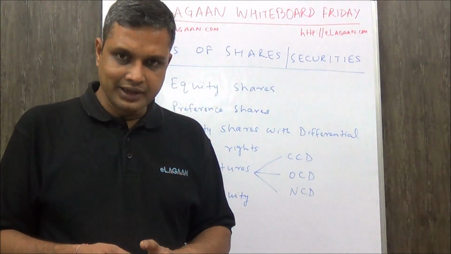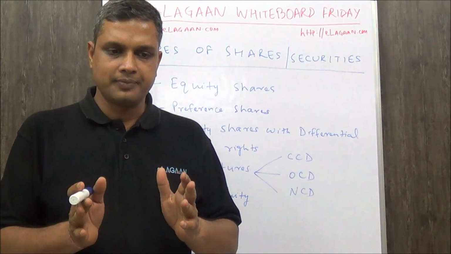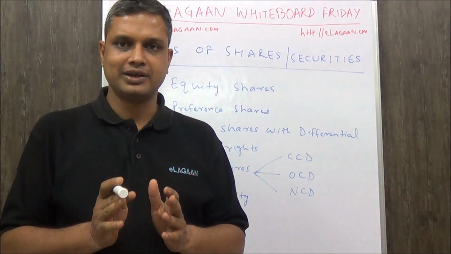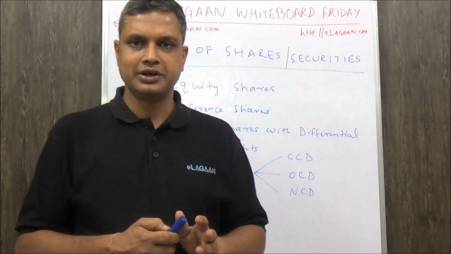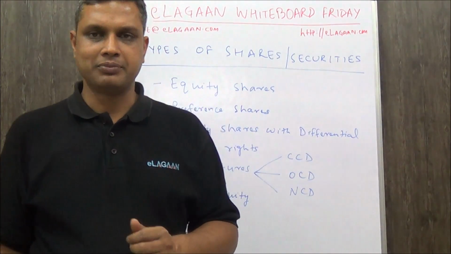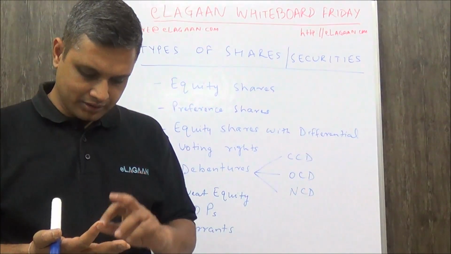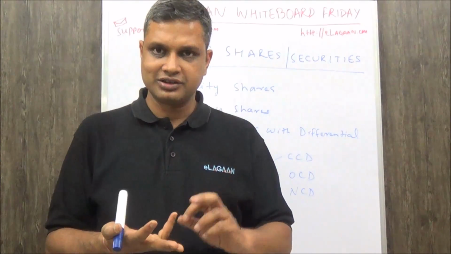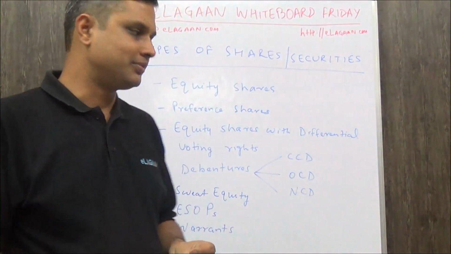Third important thing in ESOPs is, now it is restricted that ESOPs can only be given to employees, not to anybody else. So again, full-time employees. You cannot give it to consultants, part-timers, directors, advisors, mentors, promoters. Nobody can get ESOPs.